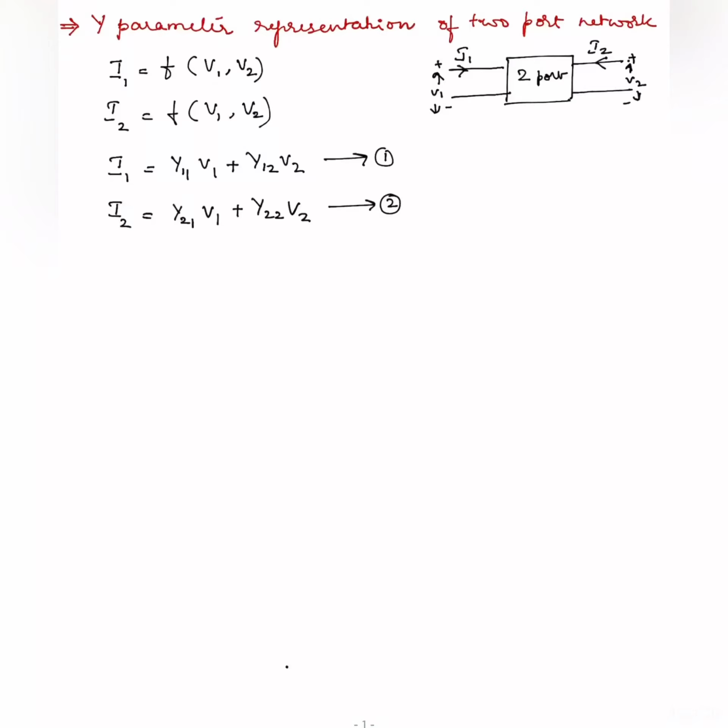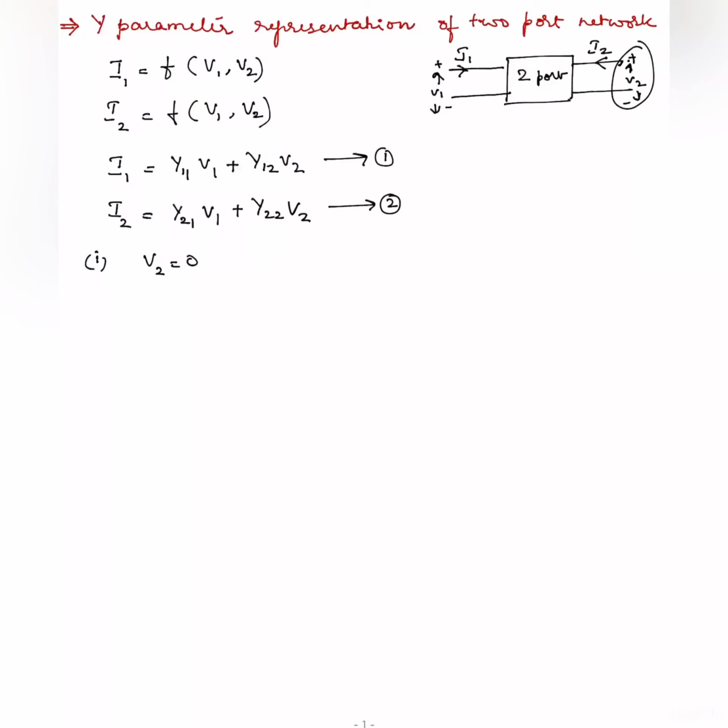So we'll find out the Y parameters by making one of the independent variables 0. In the first case, I would make V2 equal to 0. Now what is making V2 equal to 0? You have the circuit here, and the output has some voltage V2.